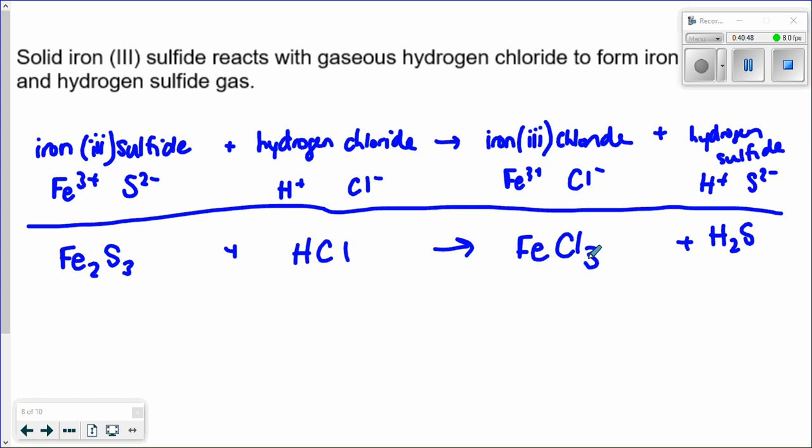So looking at that, a compound plus a compound produces a different compound plus a different compound. That's our double replacement reaction. Finally, balancing.